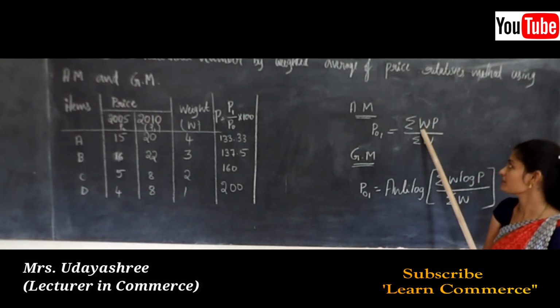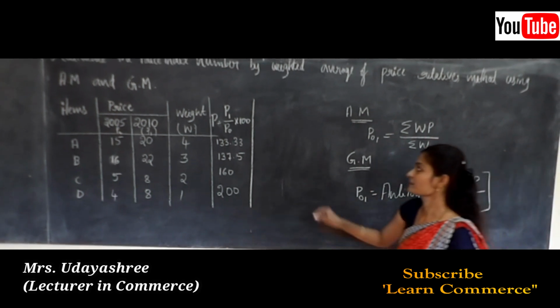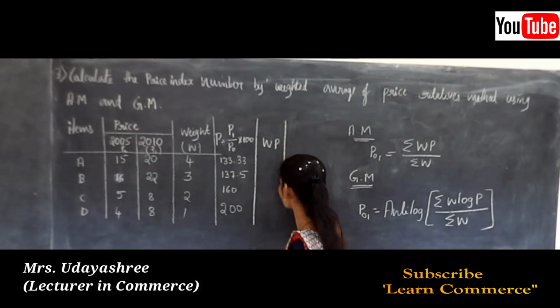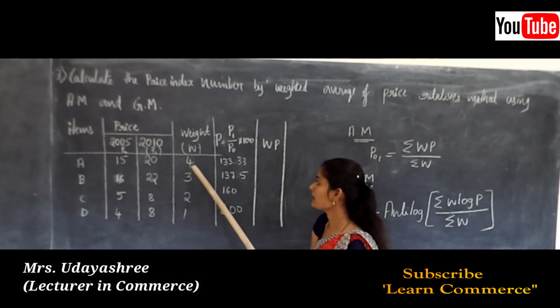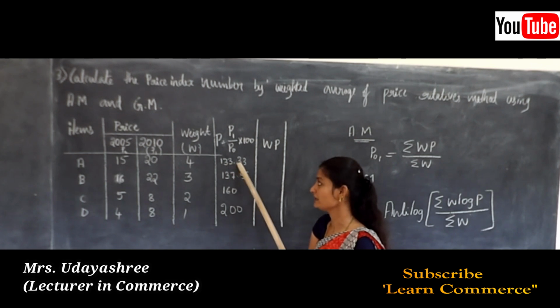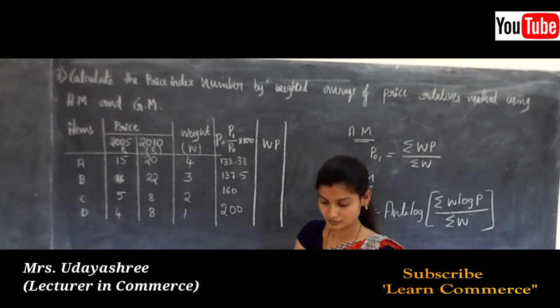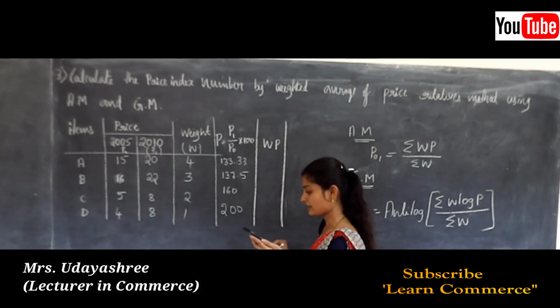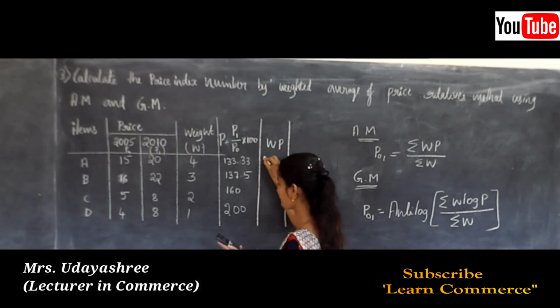So the next column is W into P. See here, W is 4 and P is 133.33. So 4 into 133.3, the answer is 533.2.